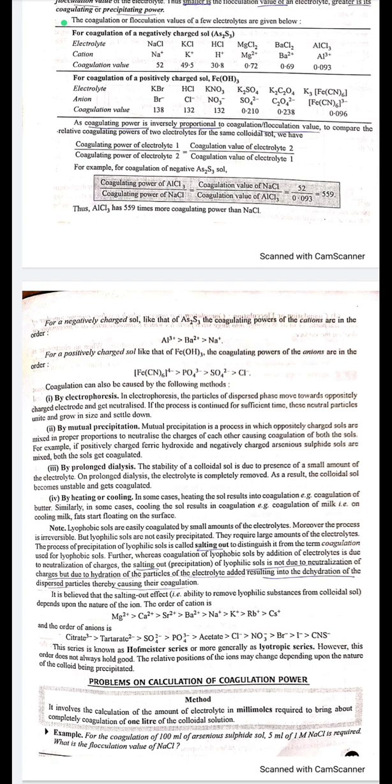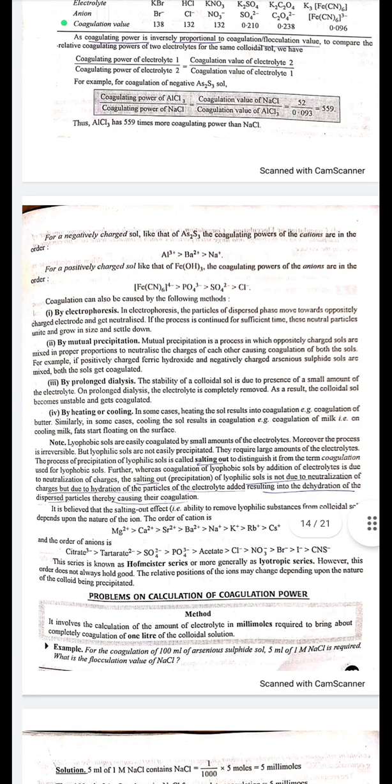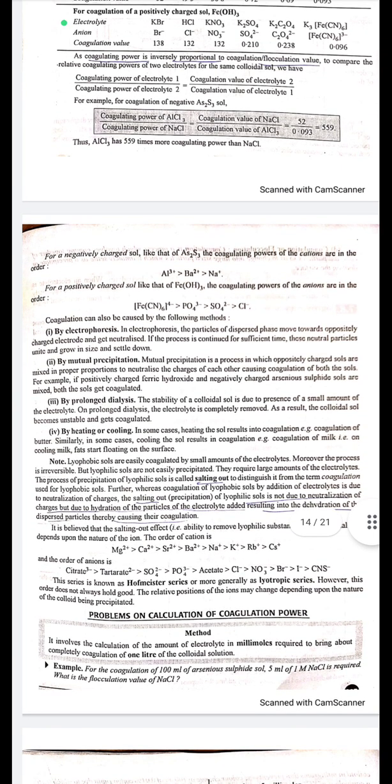It is believed that the salting out effect depends upon the nature of the ion. The order of the cations is Mg2+, then Ca2+, then Sr2+, then Ba2+, then Na+, then K+, then Rb+, then Cs+. And the order of anions is citrate, then tartrate, then SO4 2-, then PO4 3-, then acetate, then Cl-, then NO3-, then Br-, then I-, then CNS-.